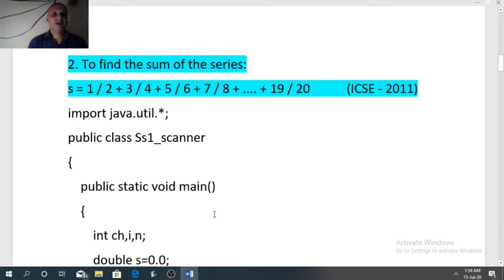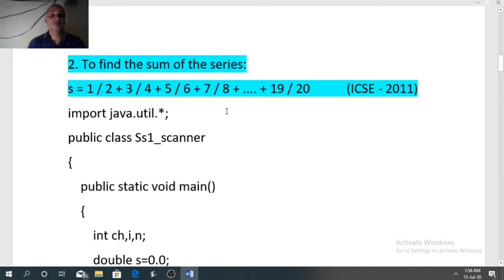So for finding the sum of the series, first we need to find what is the logic behind the elements. Since every term of the series is a fraction, the sum of all the fractions will be a fractional number. So we need to declare double s equal to 0, that I had told you in the important tricks.